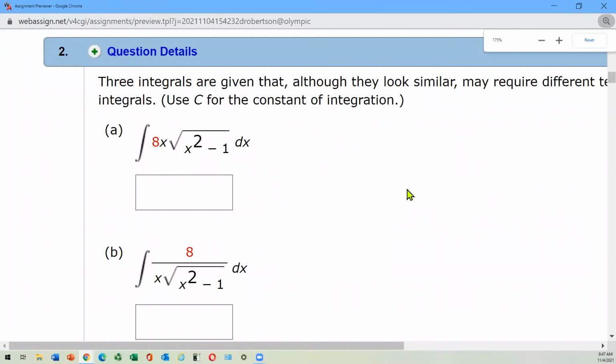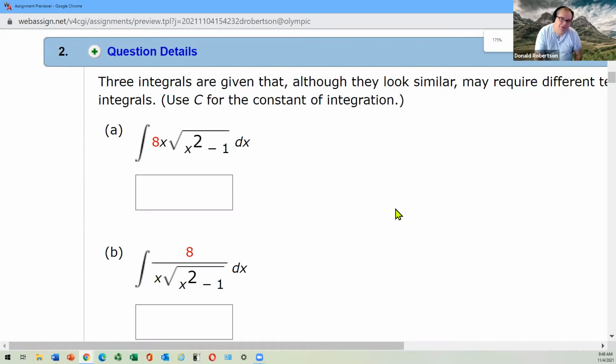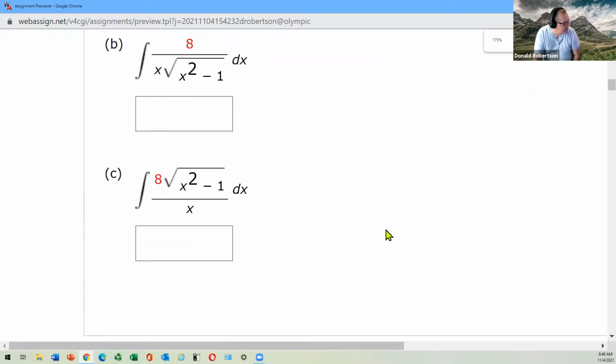Do you see why the A is a U sub, x squared minus 1? But why is B an X sub? Isn't it to do with where the square root is? Right, can you imagine doing that one? I believe that is the secant. So that would be x equals secant theta.